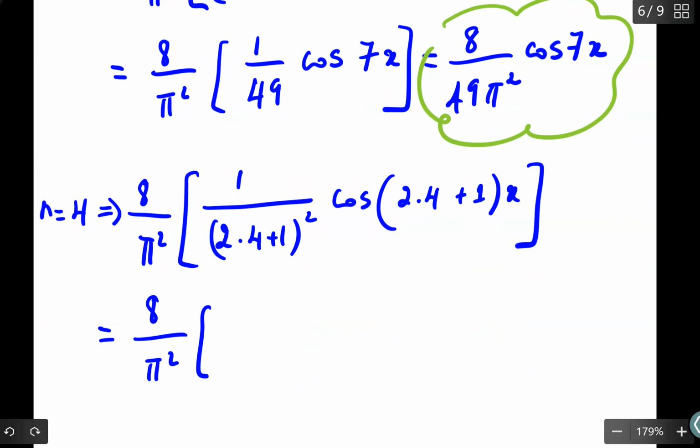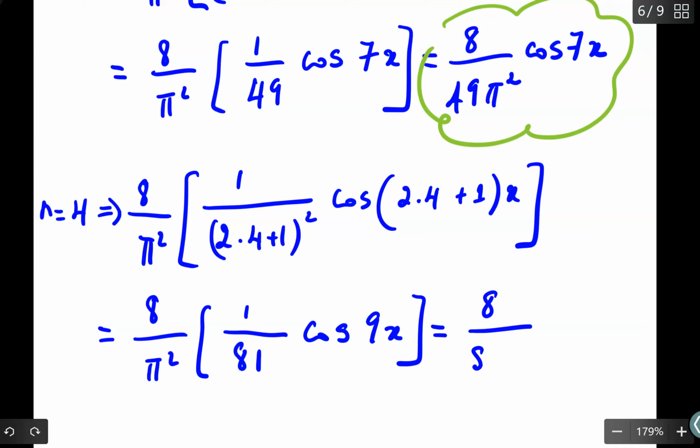In this one I should have 1 over 2 times 4 is 8 plus 1 is 9. 9 square I should have 81, cos of 9x. So let's write this one as 8 over 81 pi square cos of 9x.